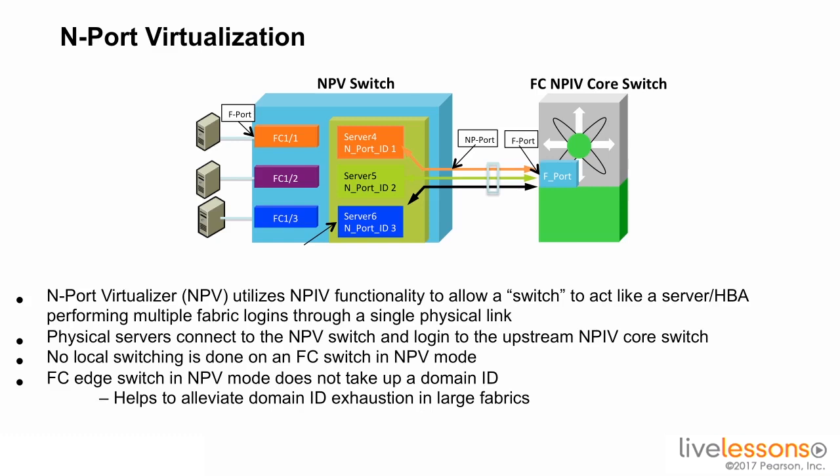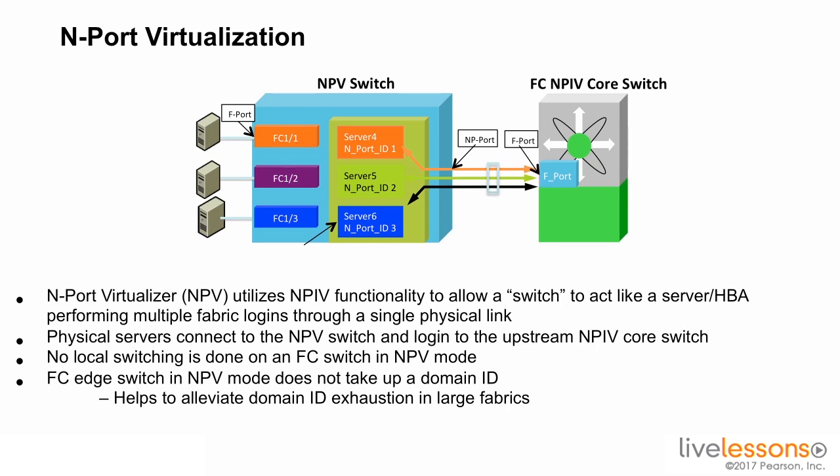There are several advantages to this. First of all, the fiber channel edge switch that's running in NPV mode does not take up a domain ID. There are only a certain amount of domain IDs available for any given fiber channel network. This helps to alleviate the exhaustion of domain IDs, and it also makes configuration much easier.